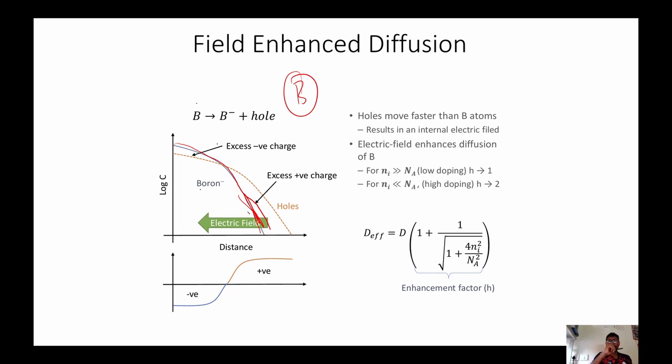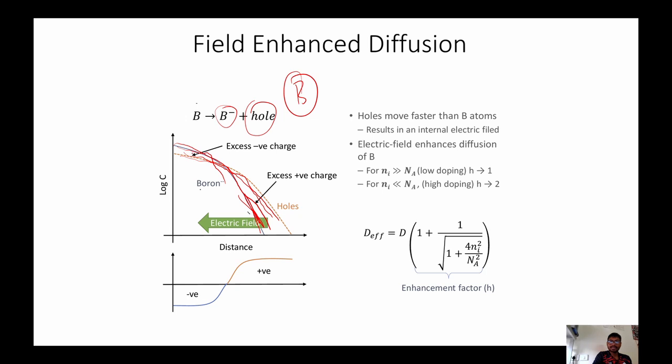Boron creates a hole, and the hole diffuses faster than the atom. These holes inside this silicon will diffuse faster, and the hole profile will be this orange dotted line, and the boron B negative profile will be this.